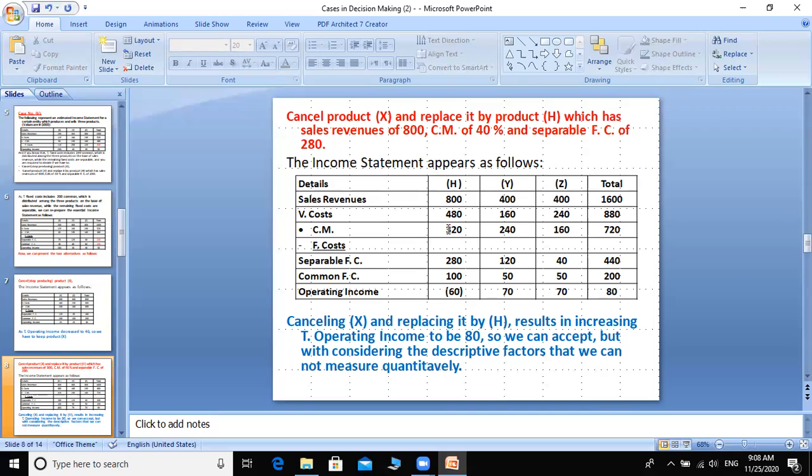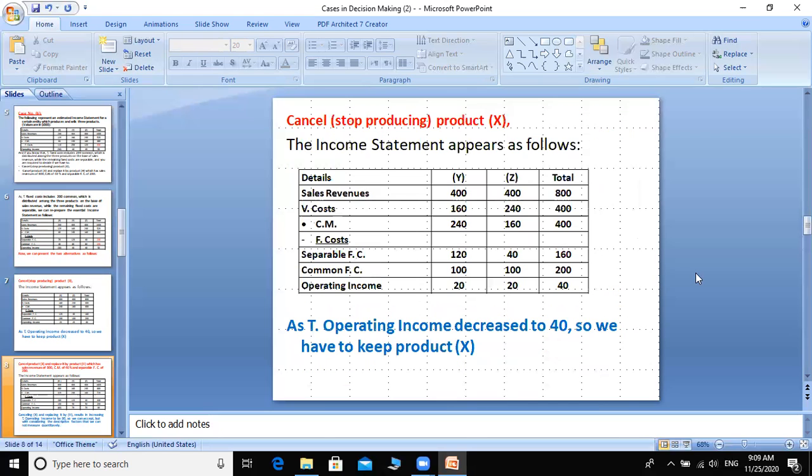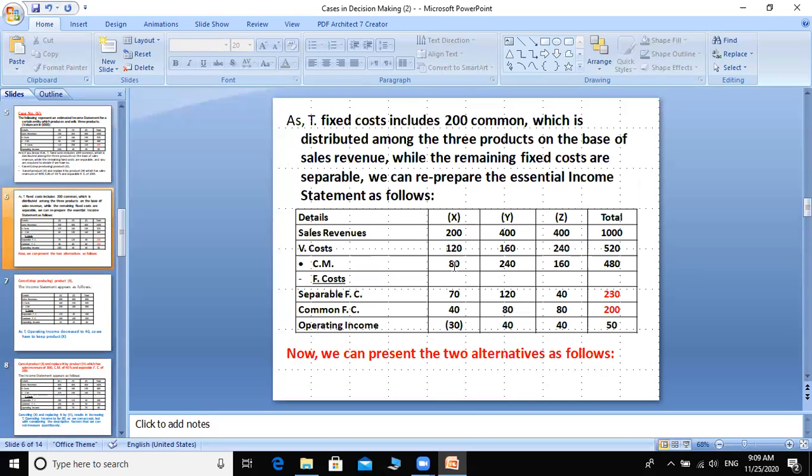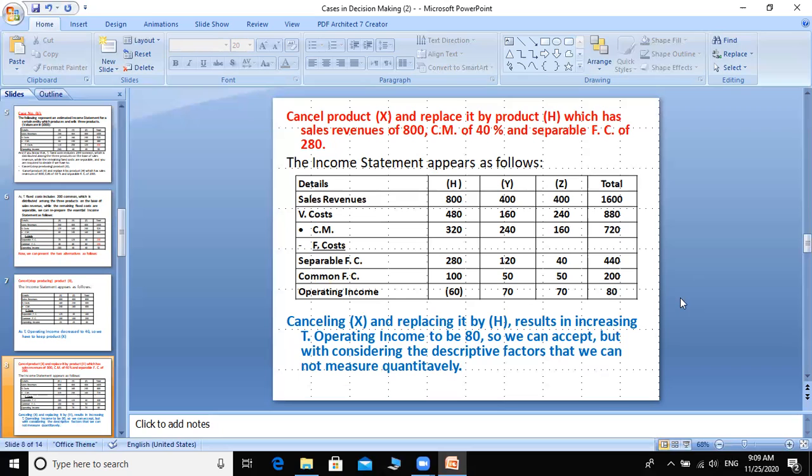Again, we get 320 and we will bear 280 separable fixed costs regarding H. So the result is having 40 as gains. Canceling X means losing 10, 80 minus 70. So gaining 40 and losing 10 means gaining 30. 30 plus 50 gives 80.